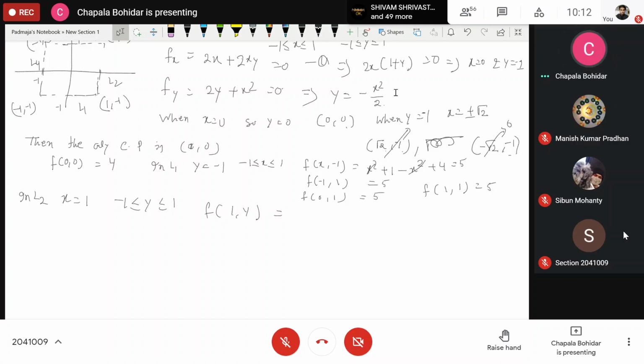So it is 1 plus y square plus y plus 4. f of 1, 1 is equal to 1 plus 1 plus 1 plus 4, which is equal to 7.